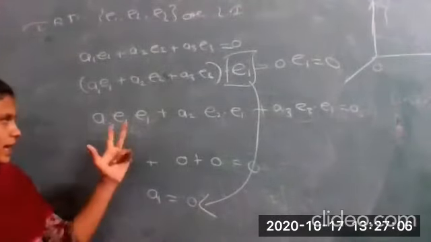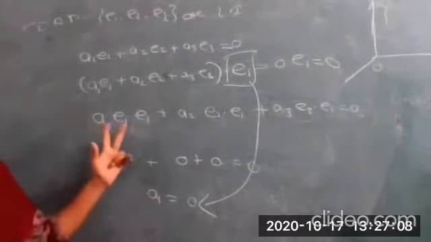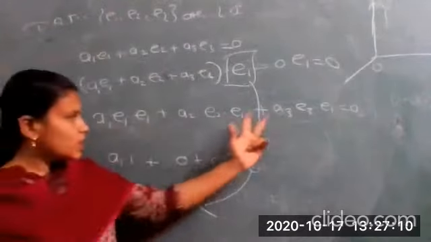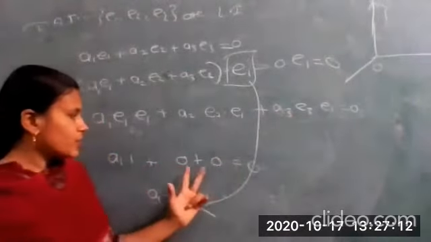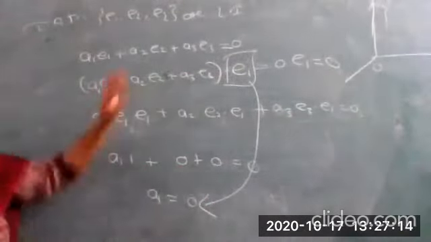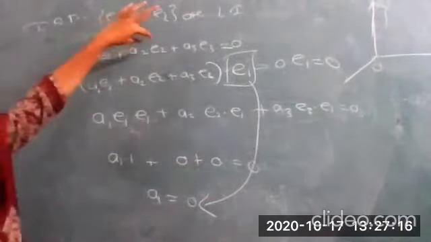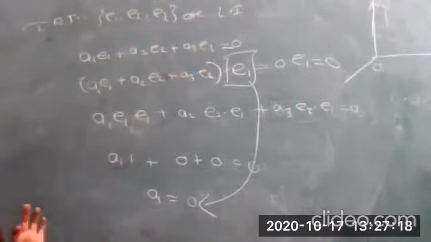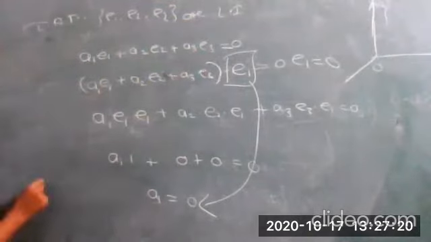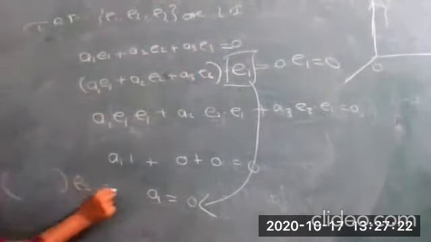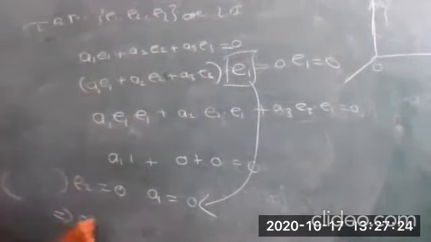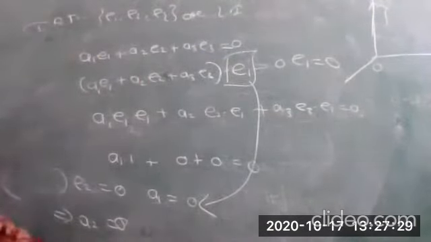So hence we have E1 dot E1 is 1. Why? Because they are unit vectors. E1 dot E2 is 0, E1 dot E3 is 0. So hence we get A1 is 0. So if I take the dot product of this equation with E1, I am getting A1 is 0. If I take the dot product of this equation with E2, what will I get? A2 is 0. Correct? Similarly, I get A3 is 0.